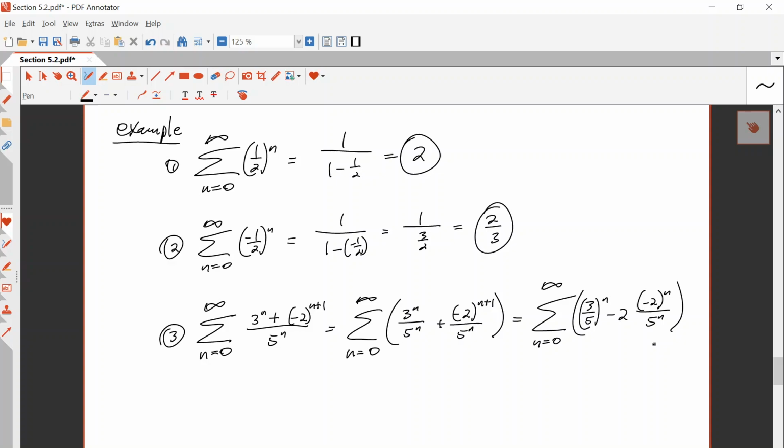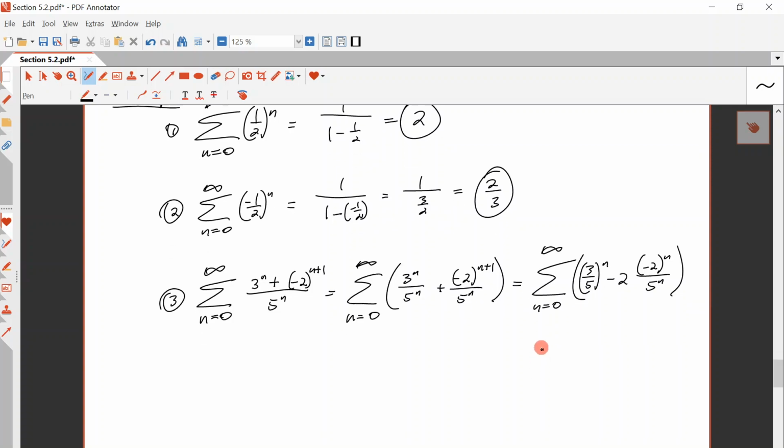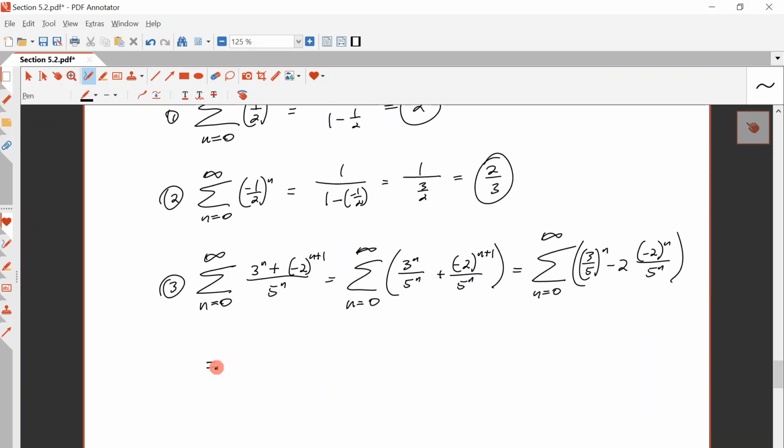Minus 2 to the n plus 1, peel off one factor of minus 2. Now I have minus 2 to the n over 5 to the n. Why did I do that? Well, minus 2 to the n over 5 to the n is minus 2/5 to the n. It's like we did here: 3 to the n over 5 to the n is 3/5 to the n. So this is equal to the sum from n equals 0 to infinity of 3/5 to the n, minus 2 times minus 2/5 to the n.